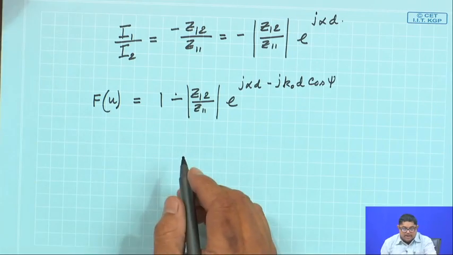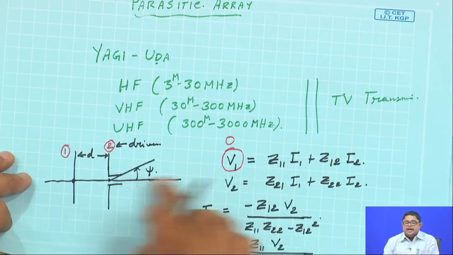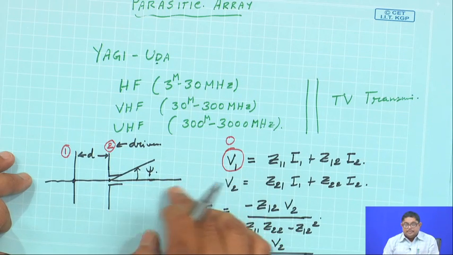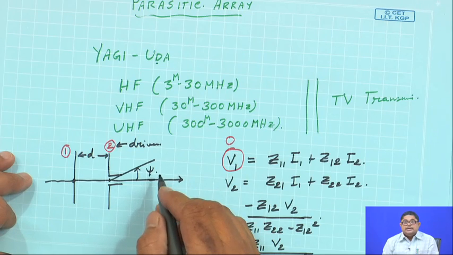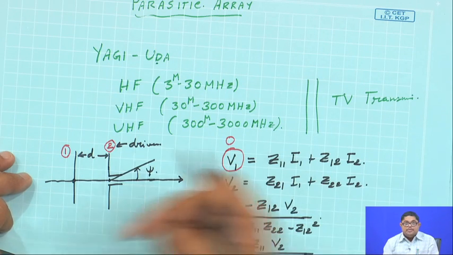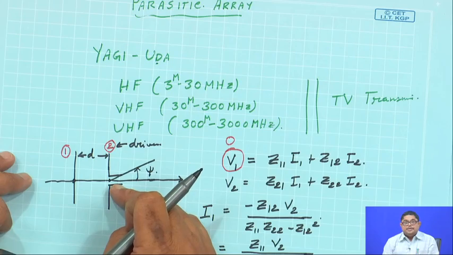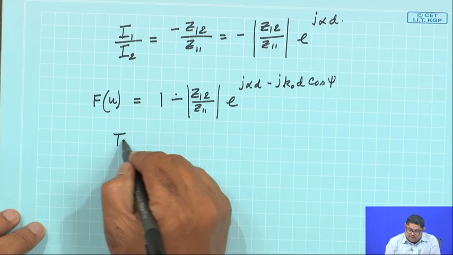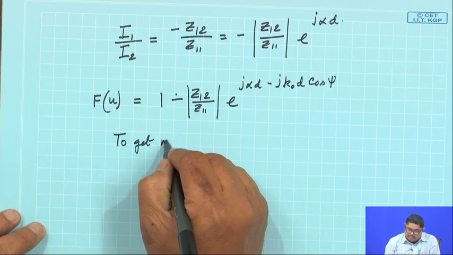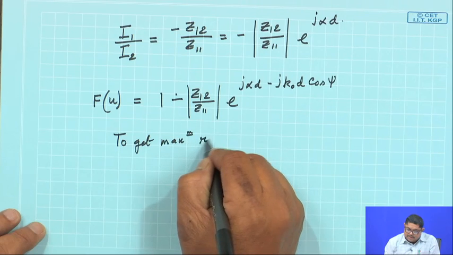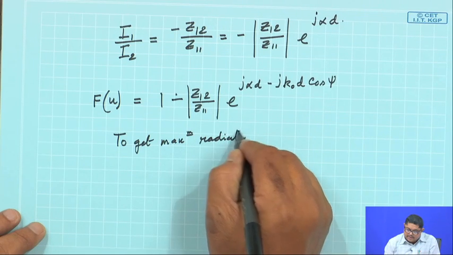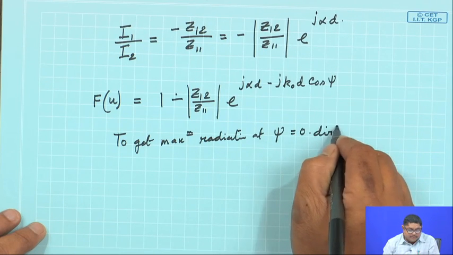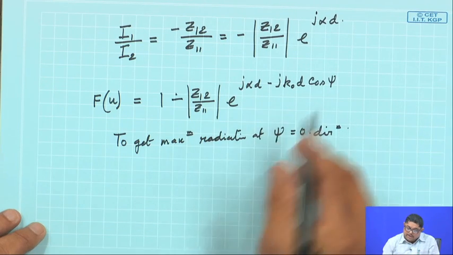Now, I want maximum radiation in this direction. That means psi is equal to 0, because the wave will come from here. So I want this as an end-fire pattern. So to get maximum radiation at psi equal to 0 direction, what do we require?